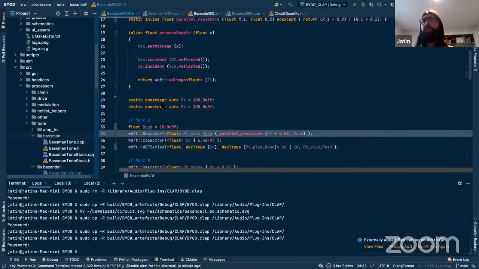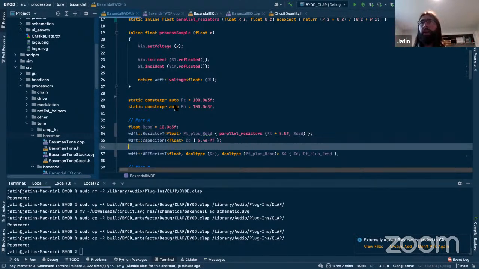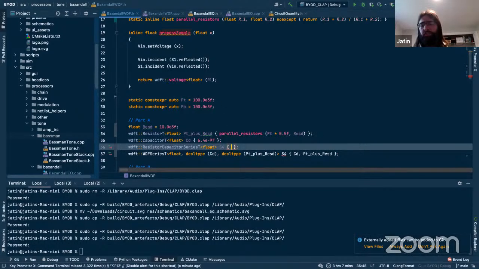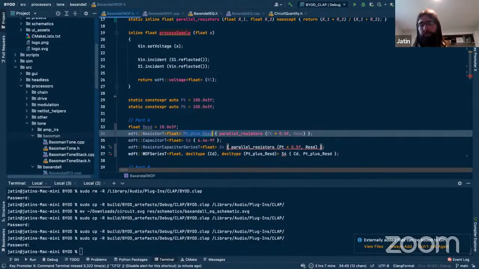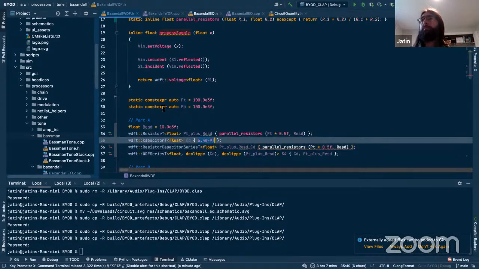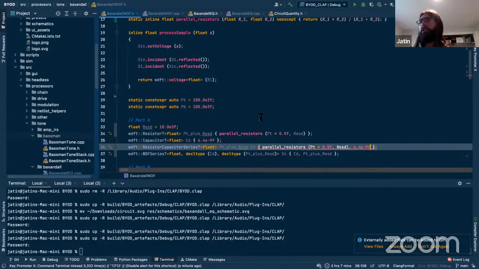So next, we can combine the resistor and capacitor here into this resistor capacitor series element. I'll keep this one named S4, just because. Actually, I'm not going to do that. I'm going to name it PT plus ResD CD, so that all of the components included in it get their place in the name, and that'll make it easier for me to find later.